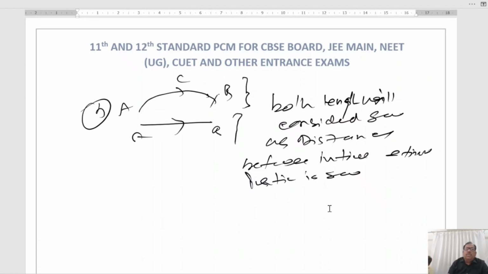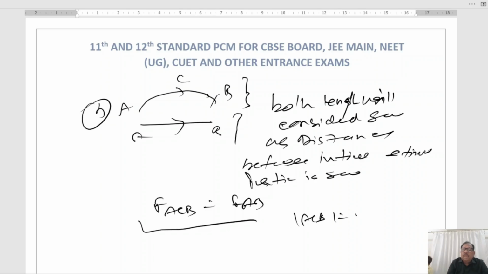Therefore, for both wires, F ACB will be equal to F AB. Therefore, we can take ACB, AB means twice AB equal to length, right?